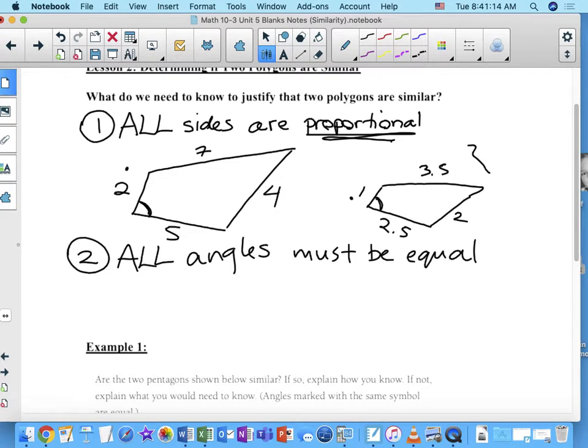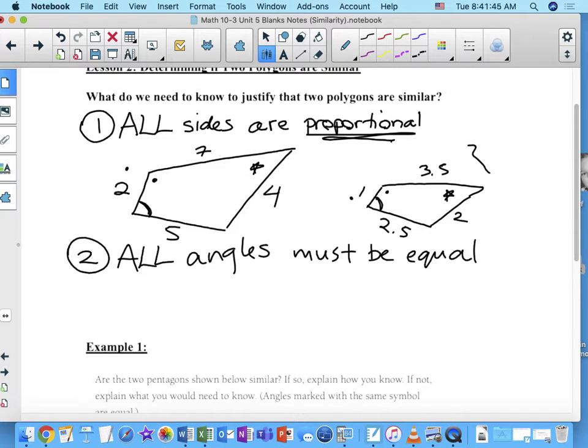And the way that I'm going to depict or notate that on the diagram is I'm going to use symbols to indicate that the corresponding angles are equal. So I'll use the same symbol for each corresponding angle. Okay, so I'll use this sort of arc in this bottom left corner, and then maybe I'll use a dot in the top left corner, and then I'll use a star in the top right corner, and you can use whatever you want as long as they're the same.